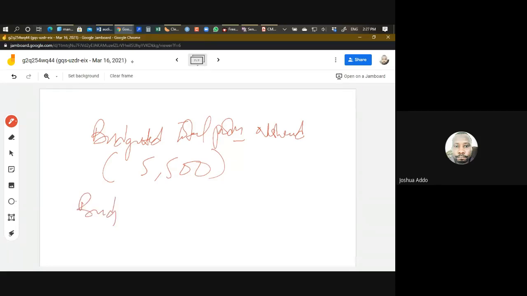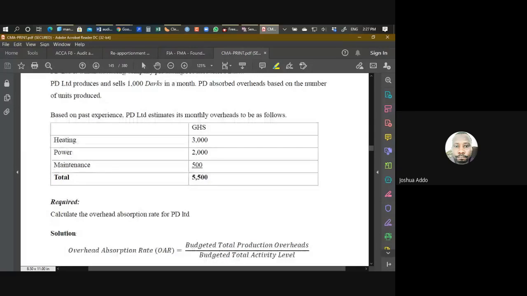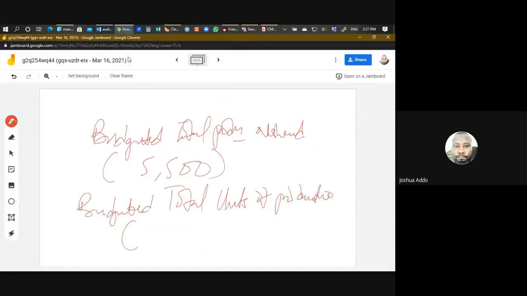Budgeted total units of production: PD Limited produces and sells 1,000 units in a month. So the whole of the figures you're seeing is a monthly budget. 5,500 overheads in a month, 1,000 production in a month. So it matches. This is 1,000.